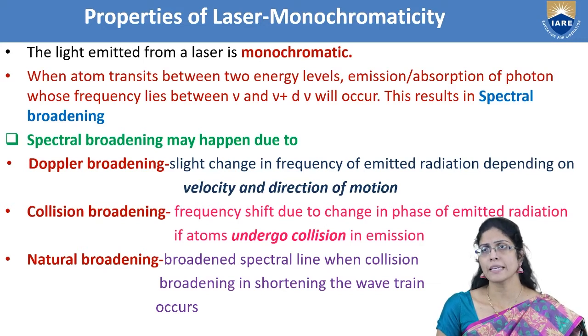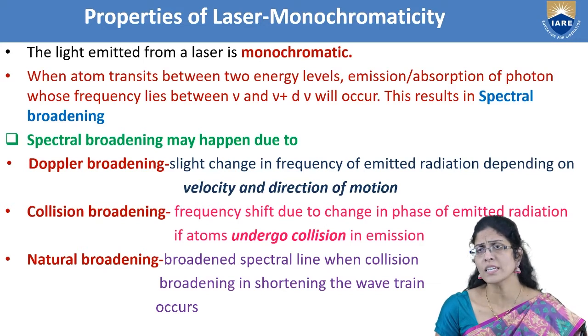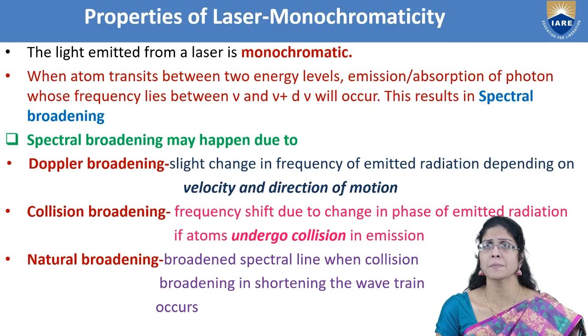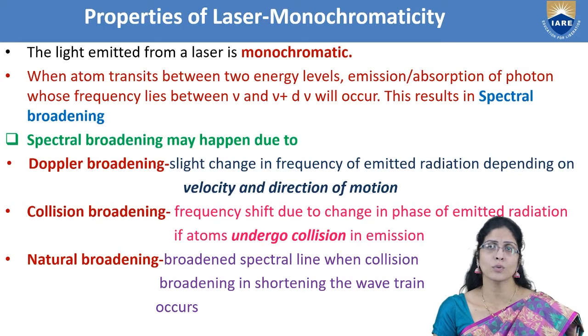So when this collision happens in this particular entity of an atom transiting between two energy levels, a broadened spectral line may occur, which may lead to the shortening of the wave train, which leads to natural broadening, one of the reasons for the spectral broadening event to happen.